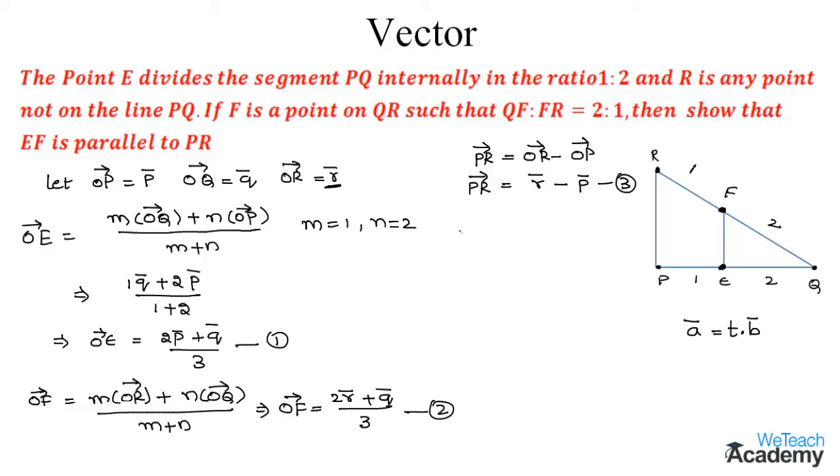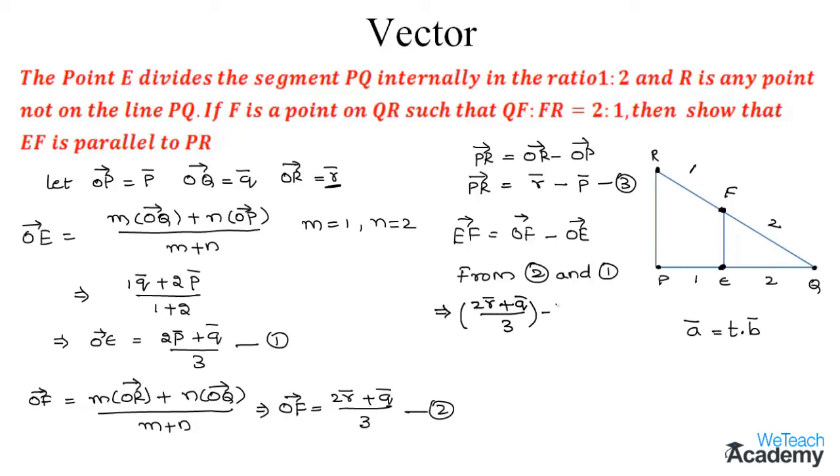Now let us find the value of the vector EF. So we can find this value just by subtracting the vector OE from OF. So from equation 2 and 1, by substituting the values of the vector OF and OE, we get 2R bar plus Q bar divided by 3 minus of 2P bar plus Q bar divided by 3. So by taking the LCM as 3, we get the numerator terms as 2R bar plus Q bar minus 2P bar minus Q bar.